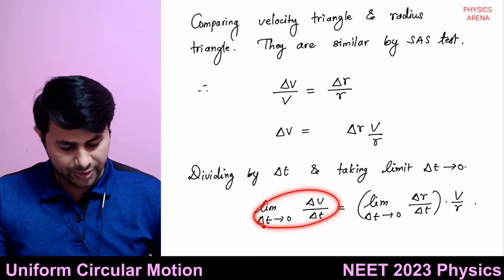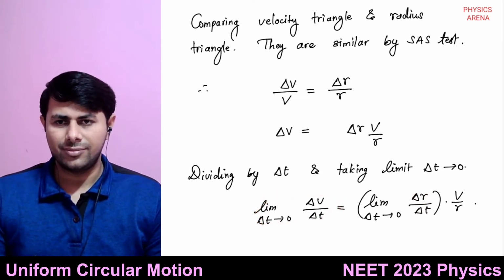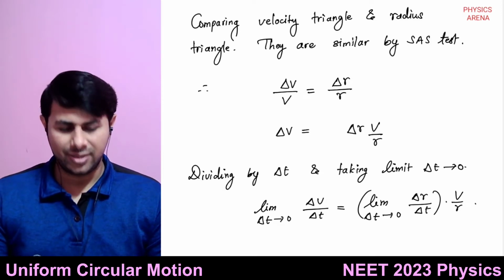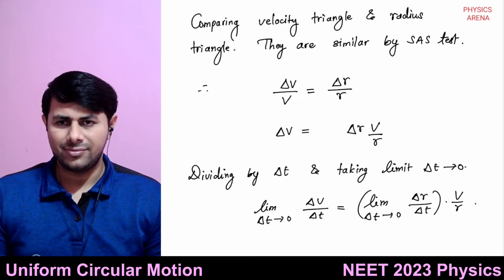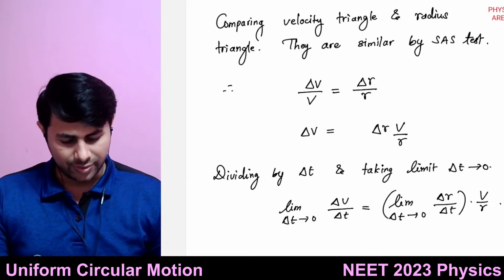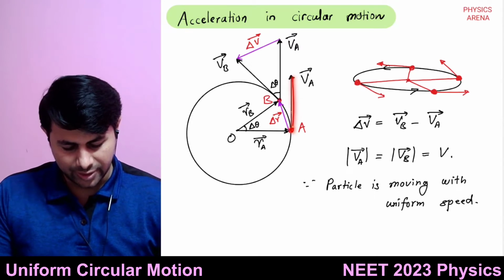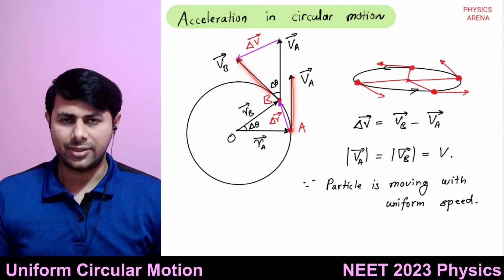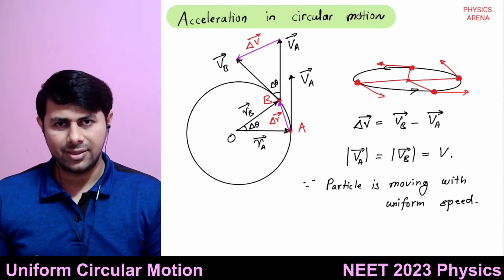So this instantaneous acceleration is because of what? Change in which thing of velocity? Did we change the magnitude of velocity? No. We have considered that the magnitude of velocity at this point and this point are equal. Magnitude remains same, that means speed remains same.